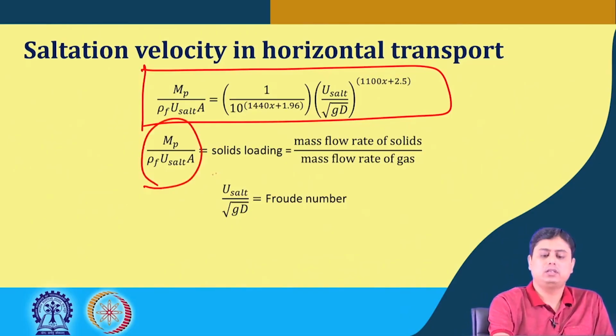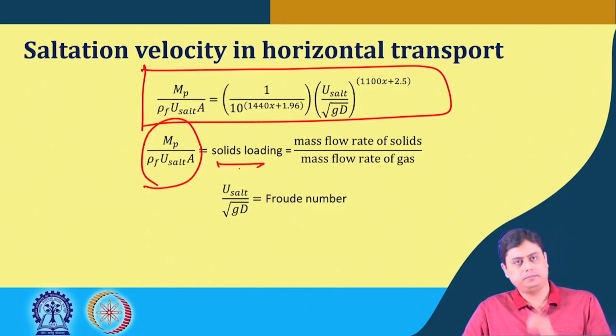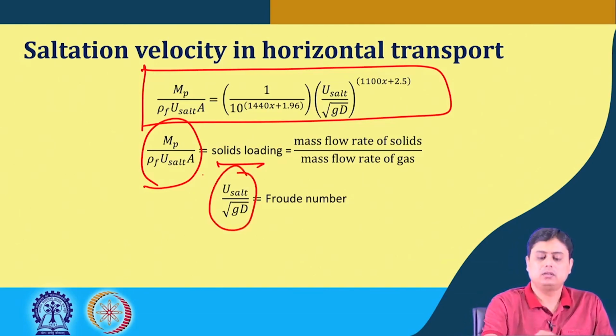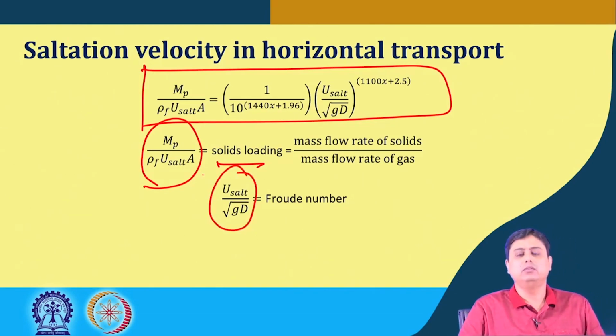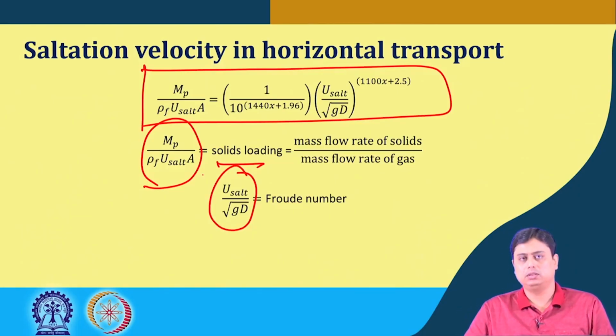where this quantity is called the solids loading, which is defined as the mass flow rate of solids to the mass flow rate of gas. And this quantity we call the Froude number.